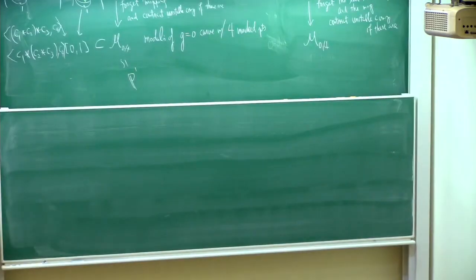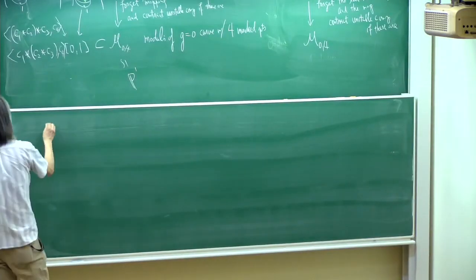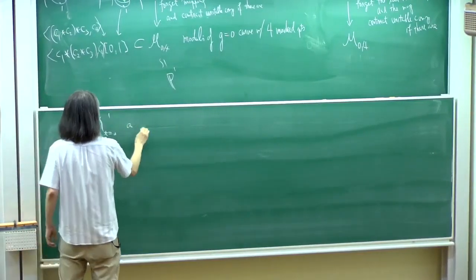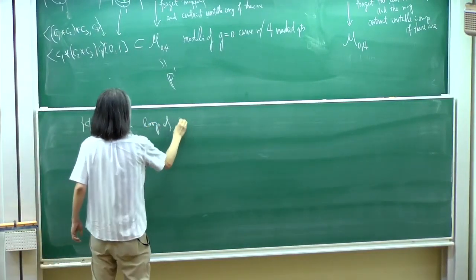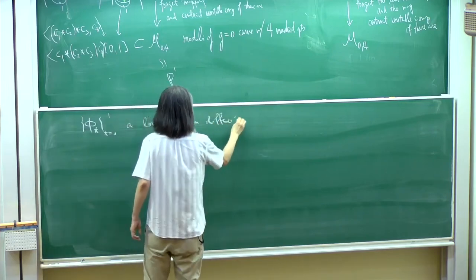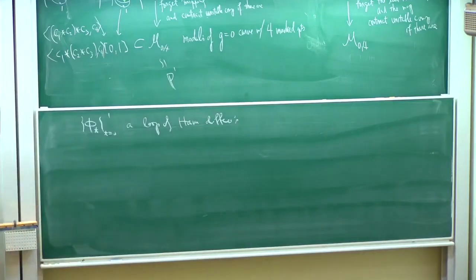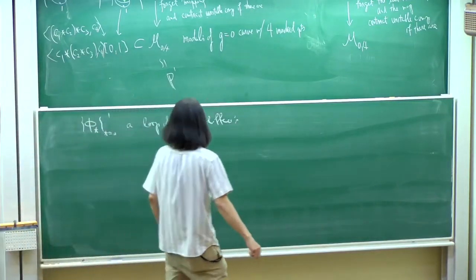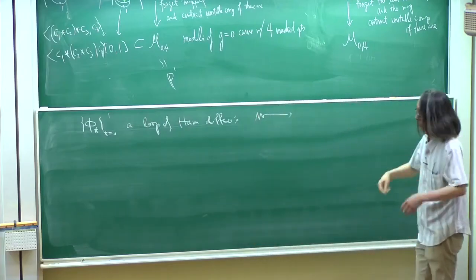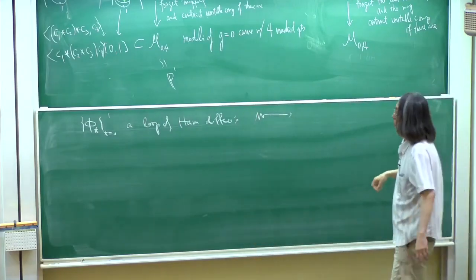Okay, so let φ_t be a loop in the Hamiltonian diffeomorphism group. From here, we want to cook up a certain bundle over P^1.